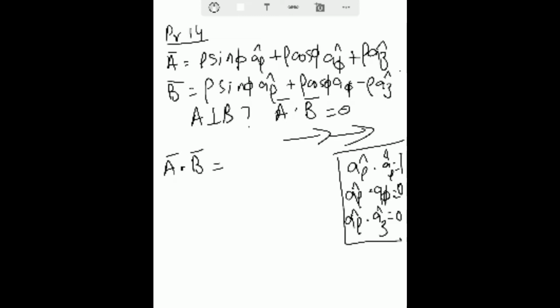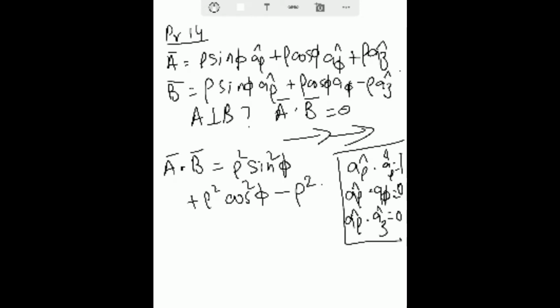So when I dot the a_rho component of A with the a_rho component of B, the answer will be rho square sine square phi. When I dot the rest of them, the answer will be 0. If I dot the phi component with the phi component, the answer will be rho square cosine square phi, and the rest of them will be 0, and the final dot product will be rho square times sine square phi plus cosine square phi.